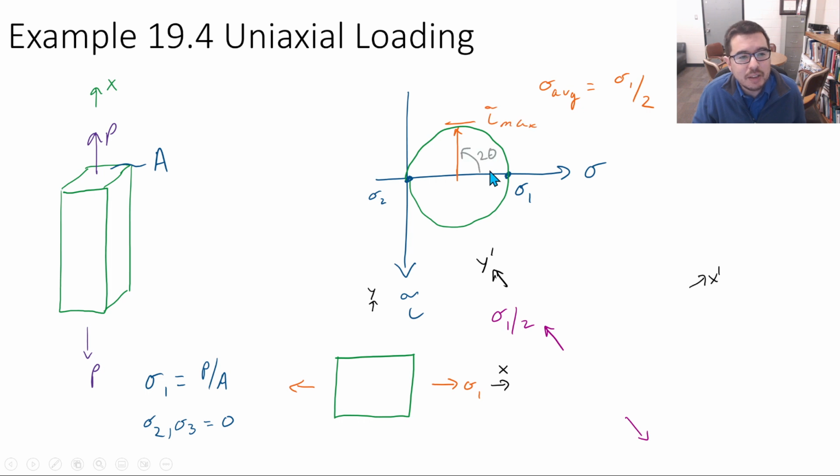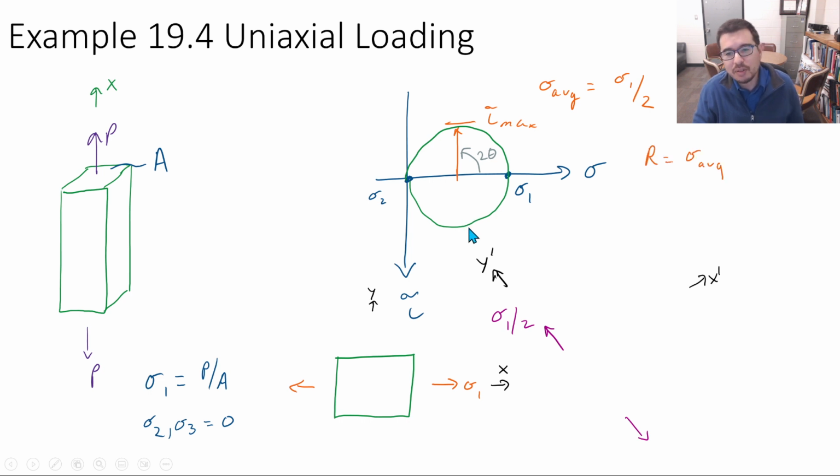And then if we want to go from this state where there's no shear stress, we can rotate 90 degrees on Mohr circle or 45 degrees on the element to get to a state where we have maximum shear stress. Now, often we draw maximum shear stress downward, okay?